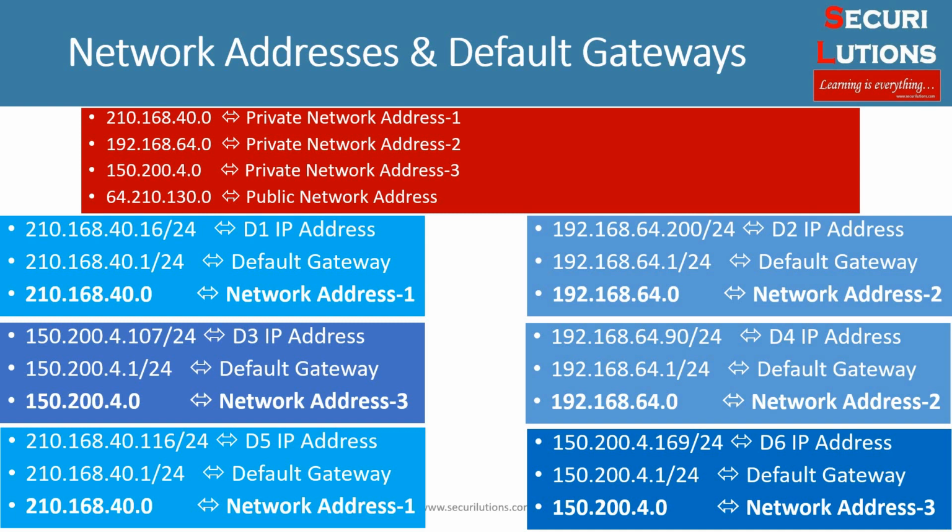And for device 6, IP address is 150.200.4.169/24 and network address is 150.200.4.0. And there must also be a public network for connecting all 3 LANs. Public network address is 64.210.130.0.